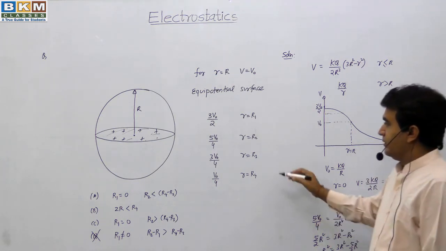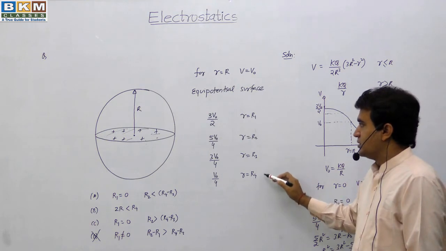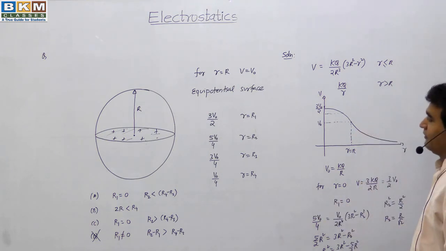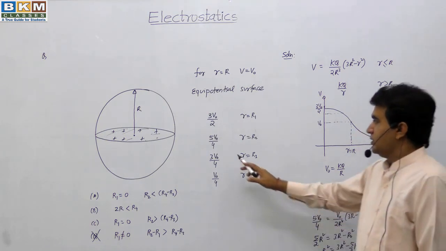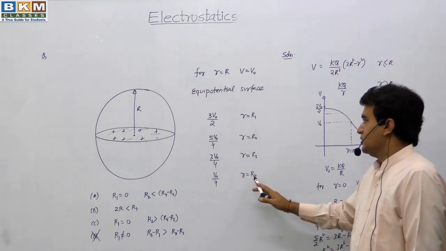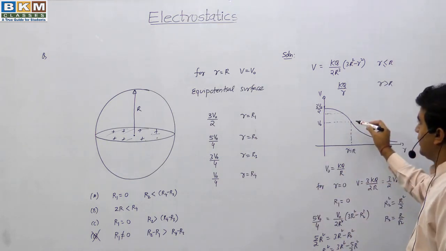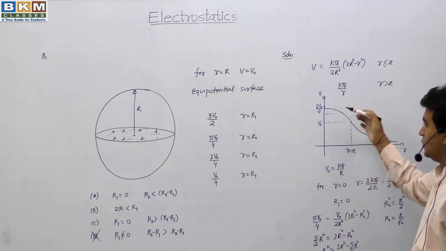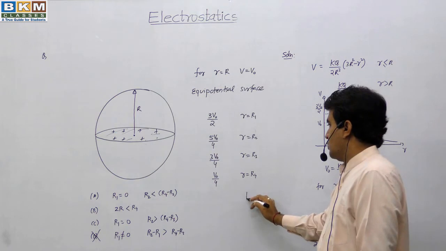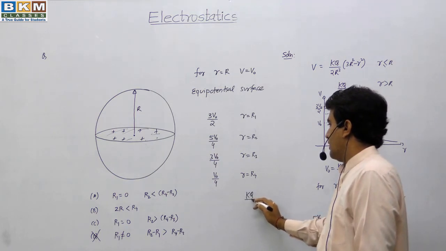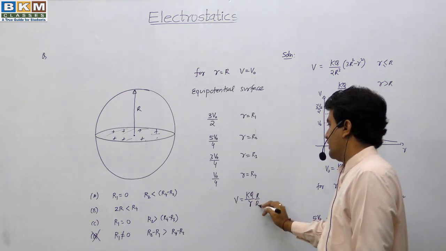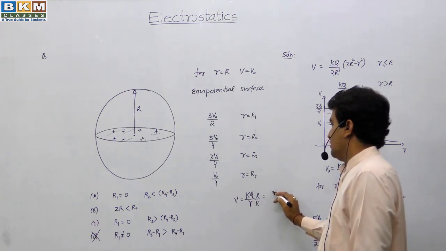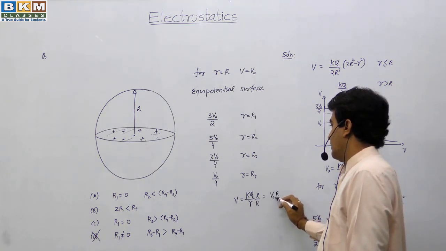Now we need to find r3 and r4 also. r3 and r4 have potential less than V0, so they should be points outside the sphere, and we should use the outside formula. Multiplying R in numerator and denominator, kq by r becomes V0 R by r.